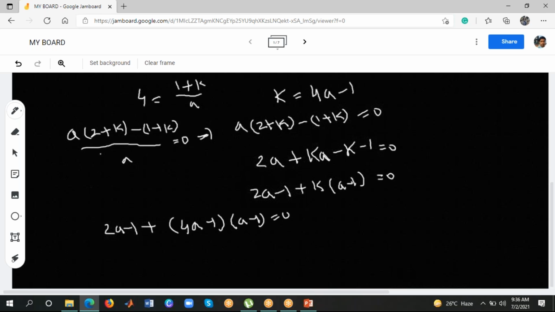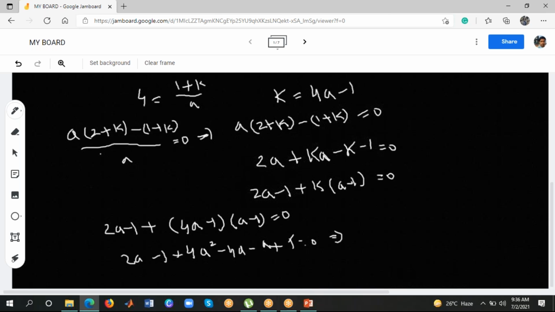Now I'm going to expand this: 2a minus 1 plus 4a square minus 4a minus a plus 1 equals to 0. So finally we'll get 4a square.